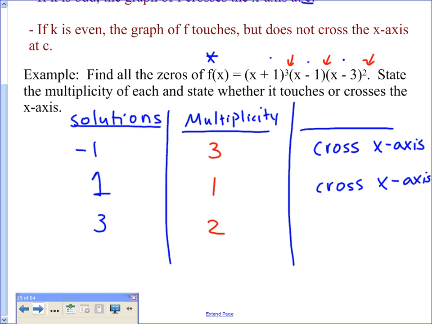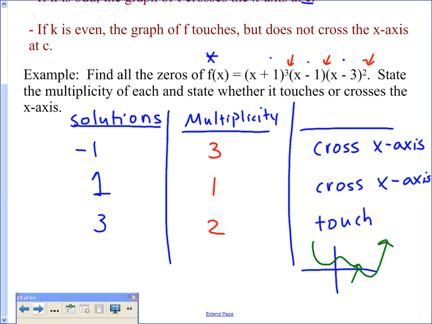And then at 3, it is going to touch the x-axis because it is even. So the difference between crossing and touching is actually, let's say, if I have, okay, here is an example right here of where it crosses the x-axis.